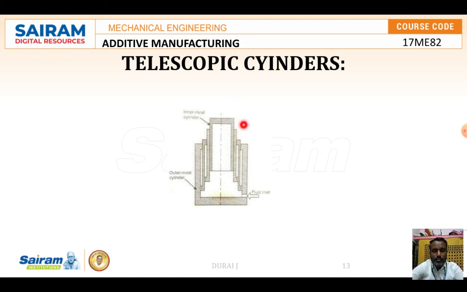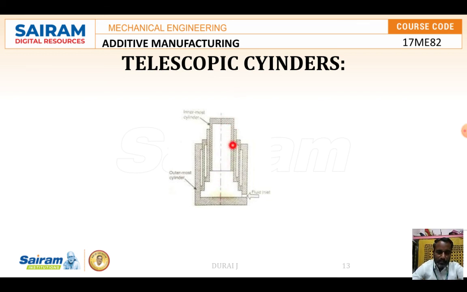Once that has moved, as the fluid keeps coming, this next section moves like this. Each and every stage tries to move up. Normally in JCBs and cranes they use telescopic cylinders, so that the arm moves forward with the help of these telescopic cylinders only.